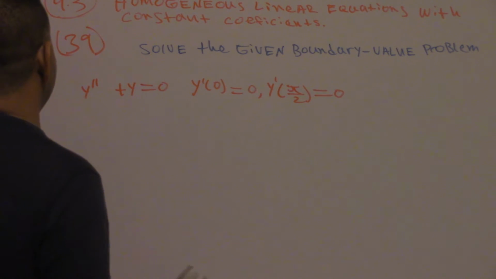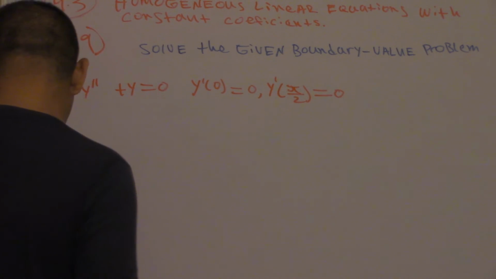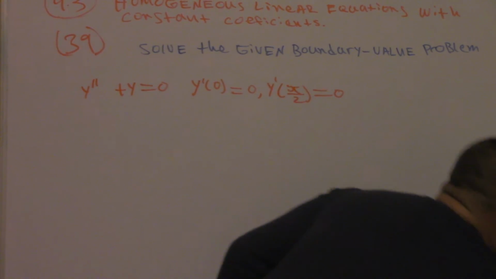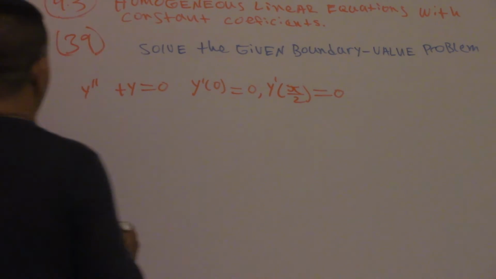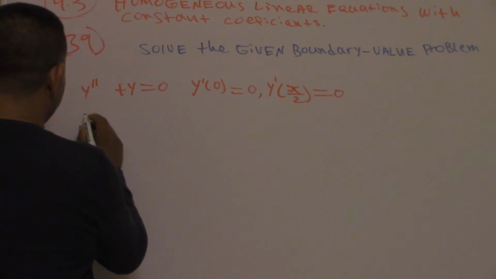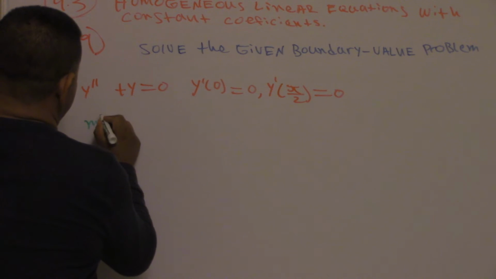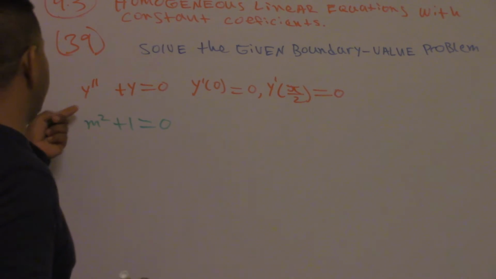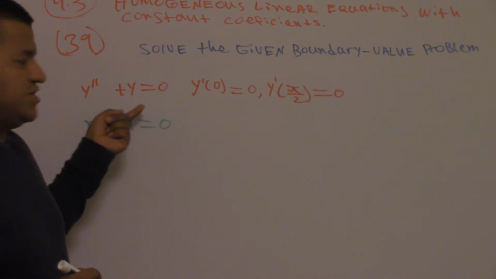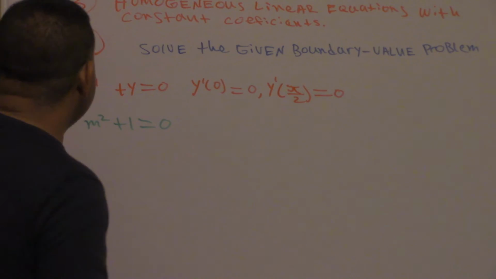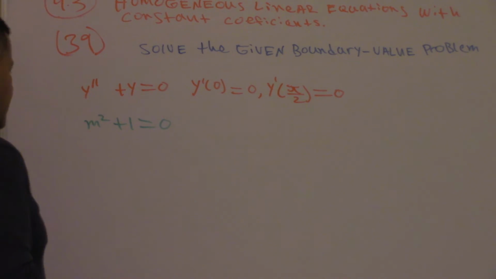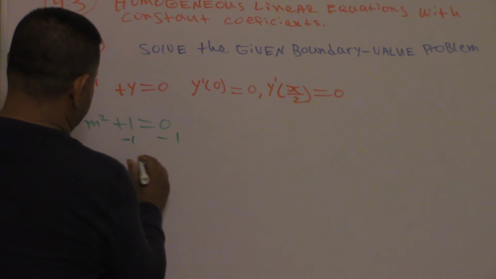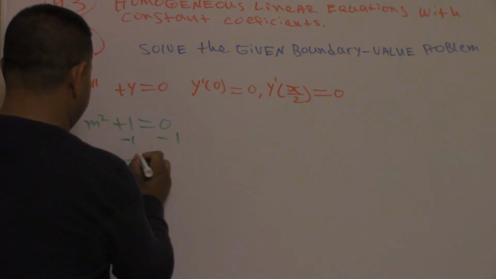Let's start by finding the root. Well, the roots are, it's going to be m squared plus 1 equals 0. Notice that I have a homogeneous differential equation because it's equal to 0. So to solve this, I'm going to subtract 1 on both sides, and I get m squared is equal to negative 1.